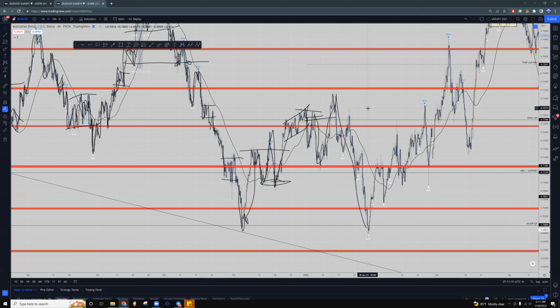So we trade with the manipulation. Understand, again, that we already know this, but understand that this market is rigged. It is not designed for us to make money.